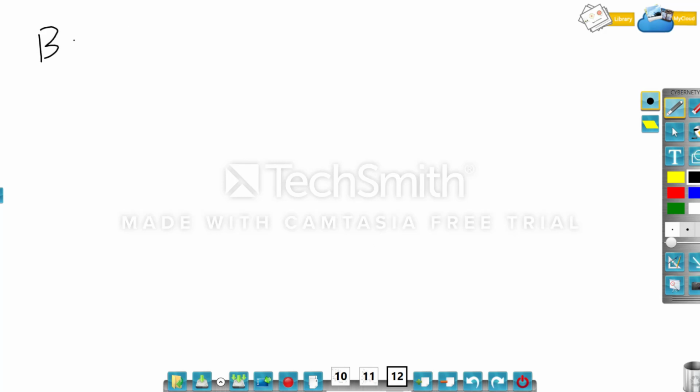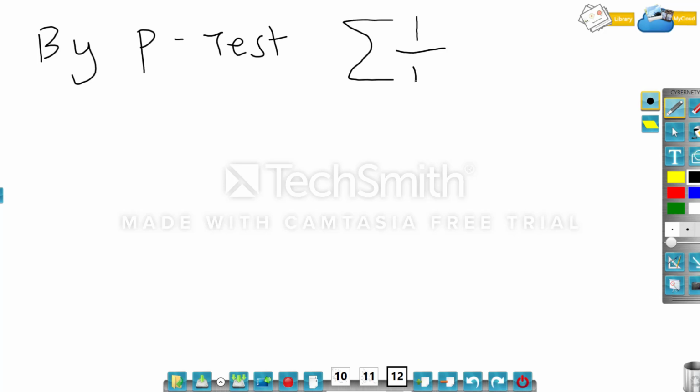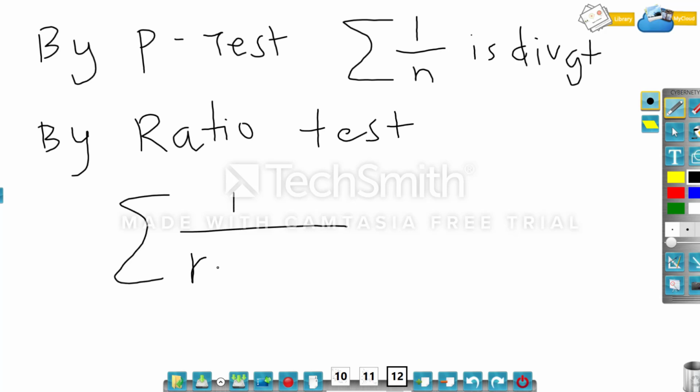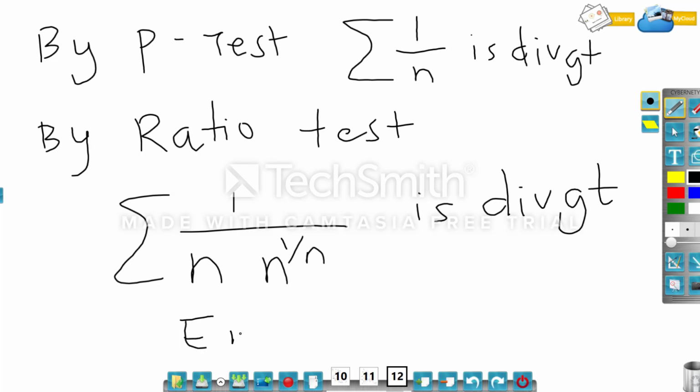So by p test, series 1 upon n is divergent. By comparison test, series 1 upon n to the power 1 by n is divergent. This ends the lecture 3.